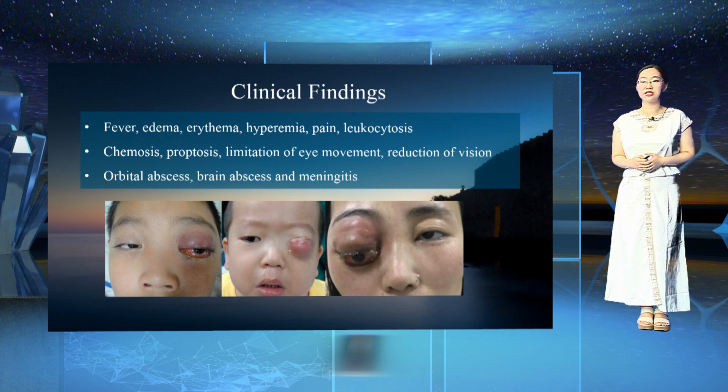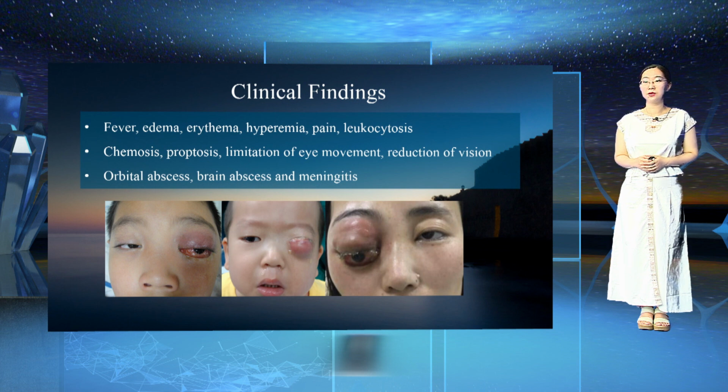Non-axial proptosis suggests an orbital abscess. Extension to the cavernous sinus may cause bilateral involvement of cranial nerves 2 to 6, with severe edema and septic fever. Erosion of the orbital bones may cause brain abscess and meningitis.